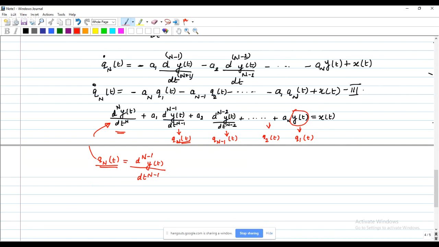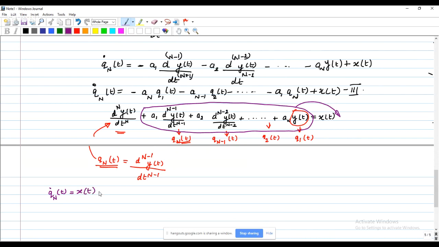So I wanted to find what will be the derivative of this term. So when I take the derivative of this term, I will say q dot of t at the nth level will be equal to, now all these terms, can you see these terms? I will push all these terms on the other side. Let us first write in the normal form.